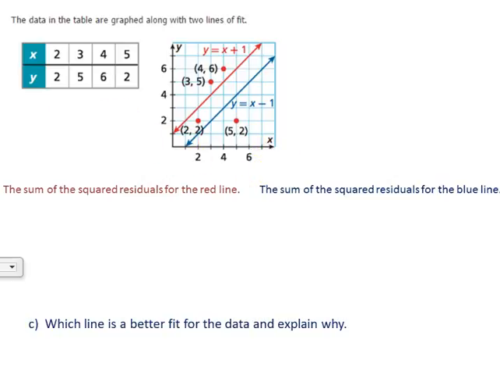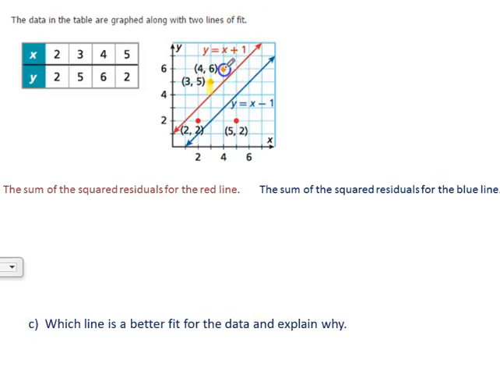Alrighty, so this is a great review of residuals. What a residual is, is the distance between our data points and the line. So it's the vertical distance. Let's say we've got this point 3, 5, the residual is going to be the distance between that point and the red line, and also that same point and the blue line, because we're going to find the residuals for each of ours.